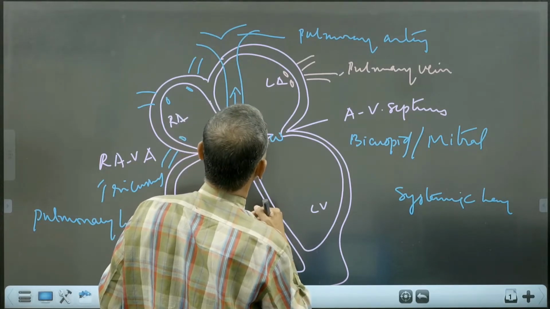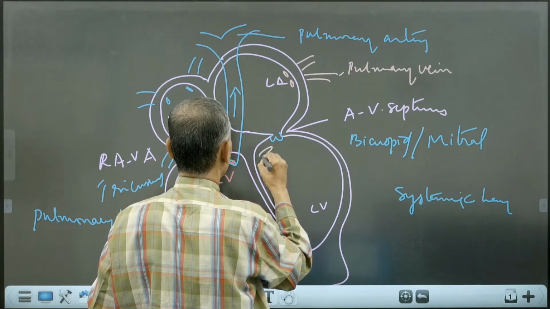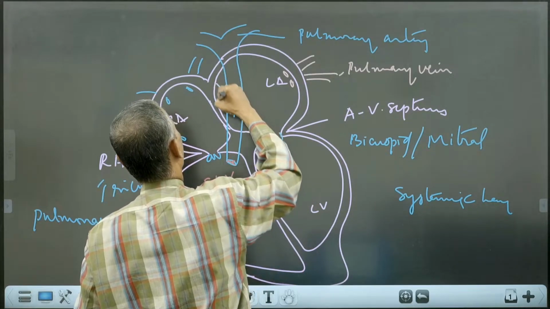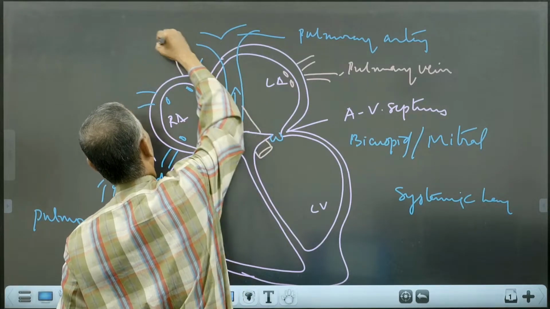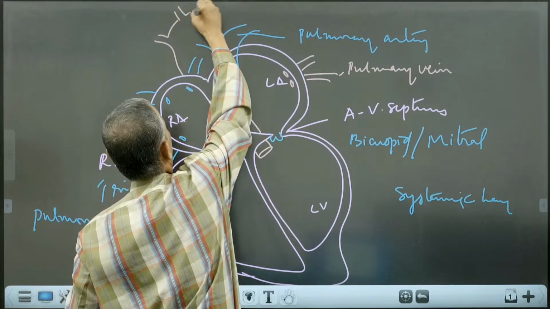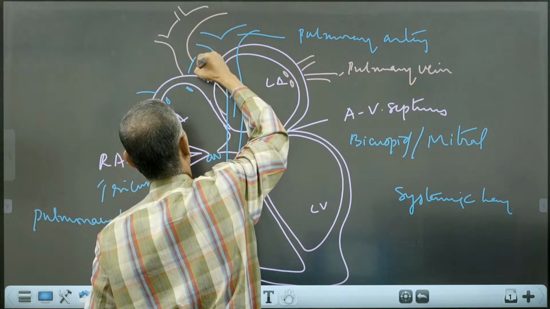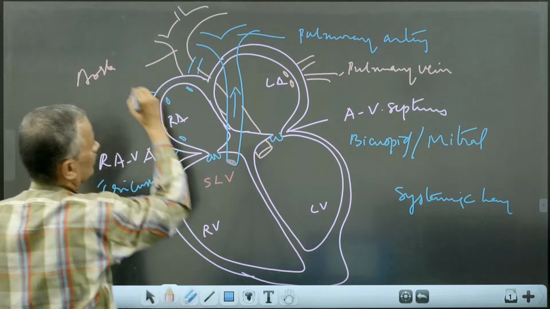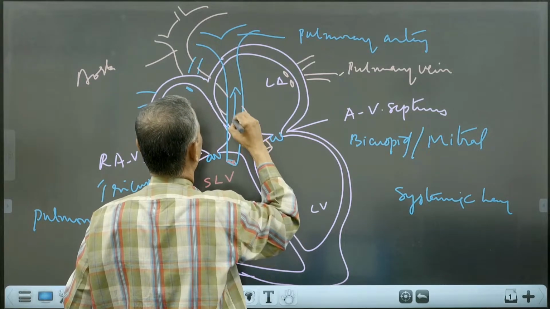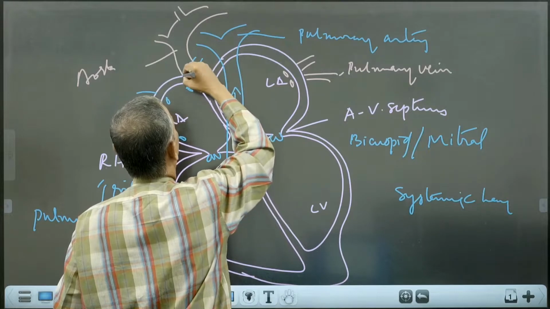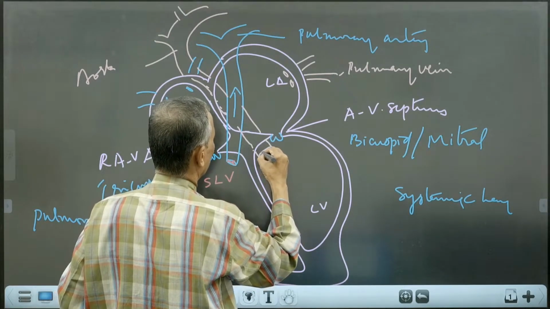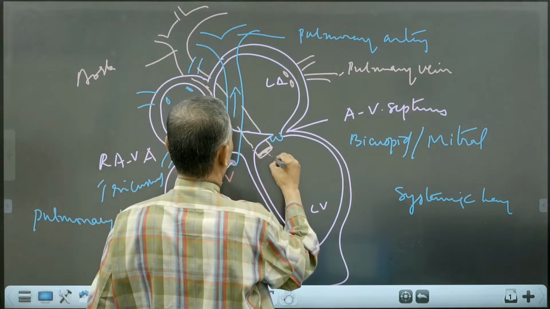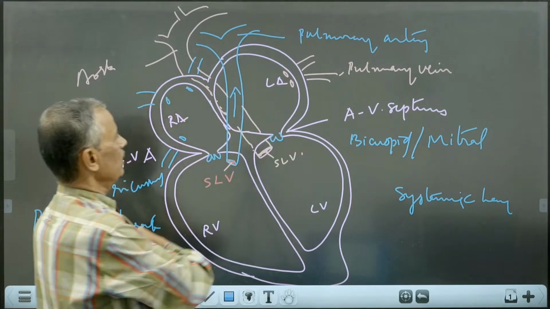And from the left ventricle, that pure blood is taken by a very large blood vessel by name aorta. This aorta is also having a semilunar valve at its beginning.